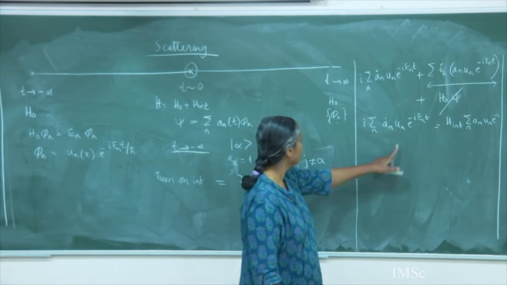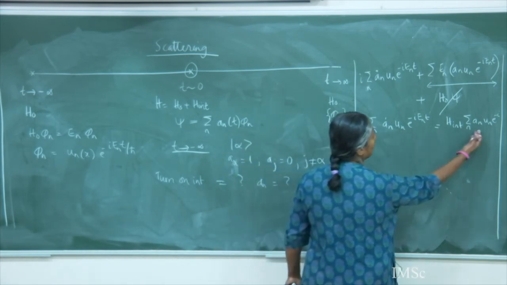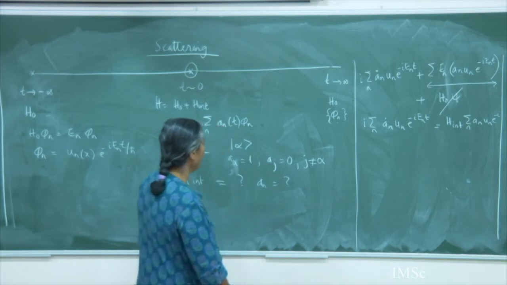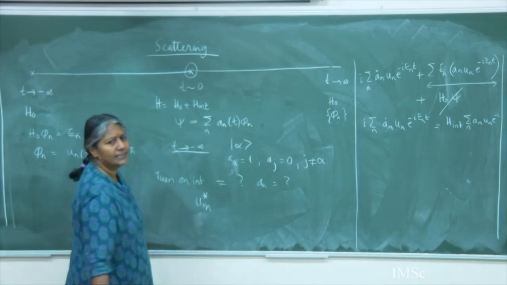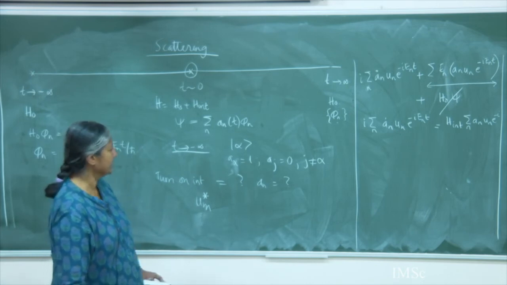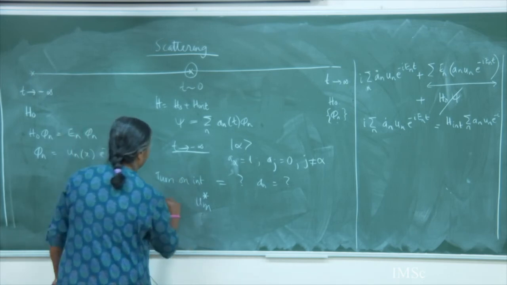So what will I do? I will multiply on the left by some u m star and then integrate over all x on both sides of the equation. So what will I get?